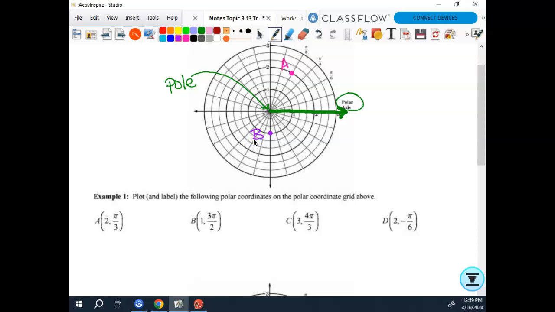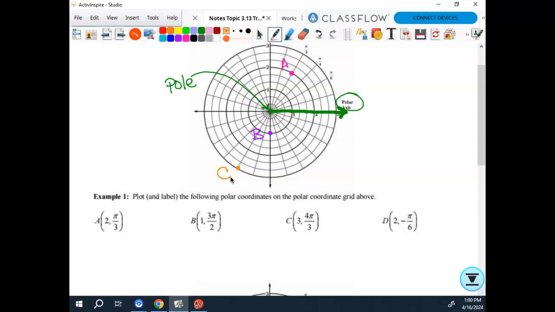Okay, put your pencil on where you think point C is. Okay, so I go out to 3, which is the edge here. Go around to 4 pi thirds, which is right here. This is point C. And I want you to see a couple of things.